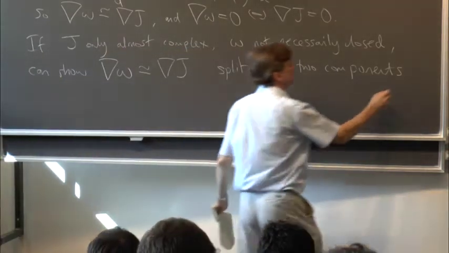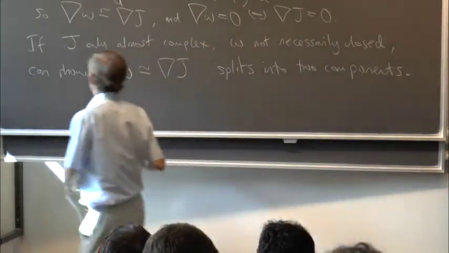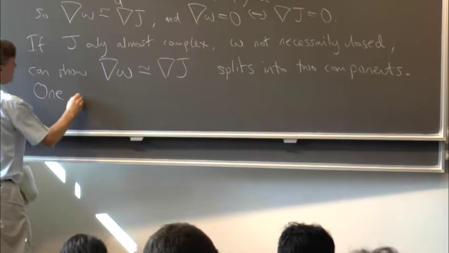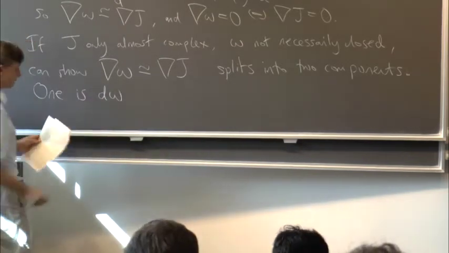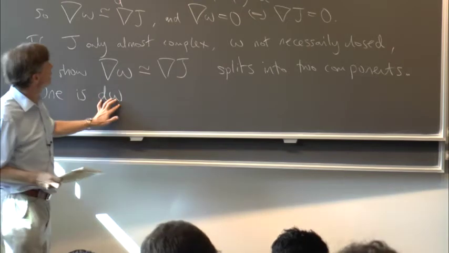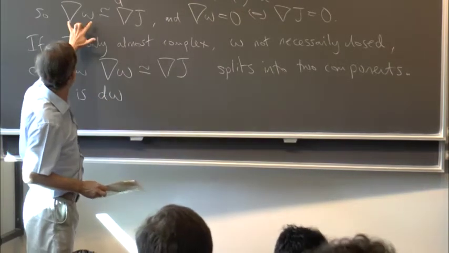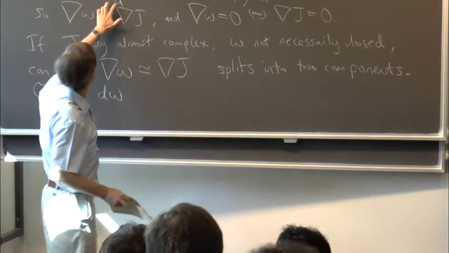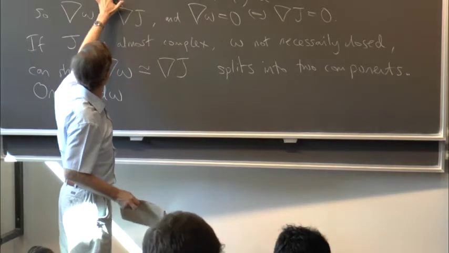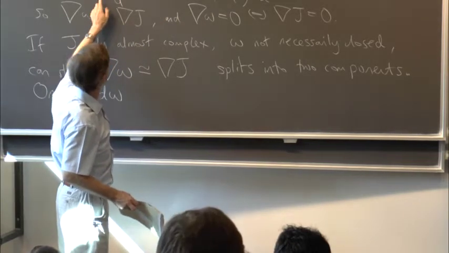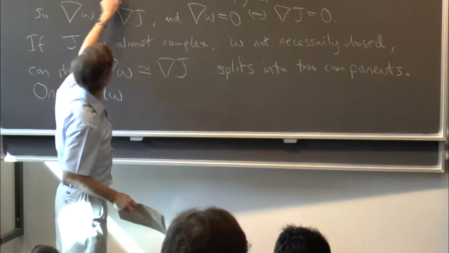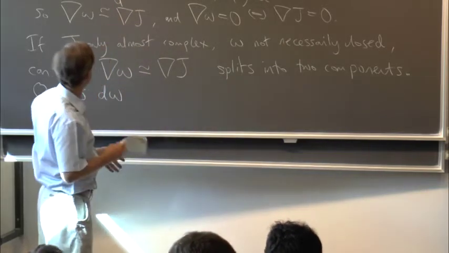So one is d omega, which is really a chunk of nabla omega. Nabla omega, because nabla is torsion free, d omega is what you get by anti-symmetrizing these three indices.